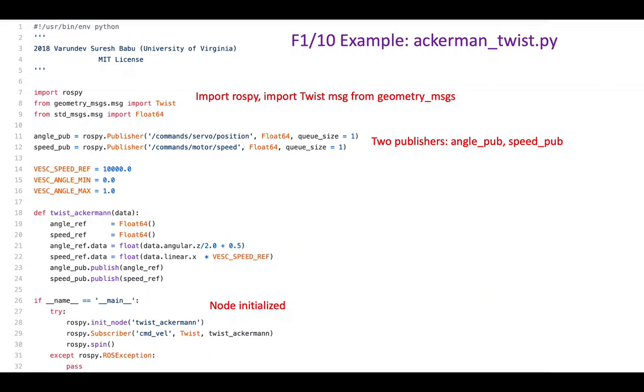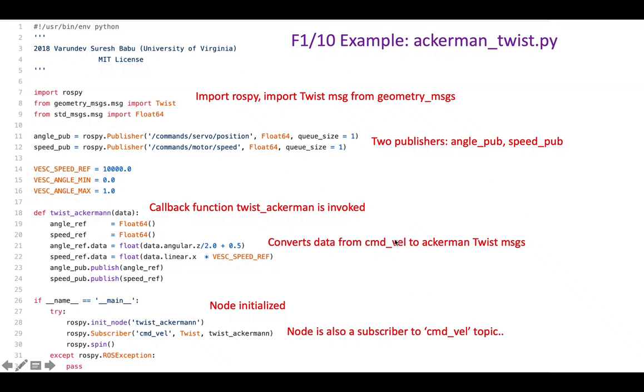Right, so we are initializing our message, we are subscribing, and then we are spinning, because this is a subscriber part. Every time we get a message on the subscriber, we invoke this callback function starting from line 18, within which we are doing some conversions to a different sort of output. And once we have converted that, here is where you are invoking the .publish handle command from the ROS Python API to publish the actual messages on the topics which you have defined up top.